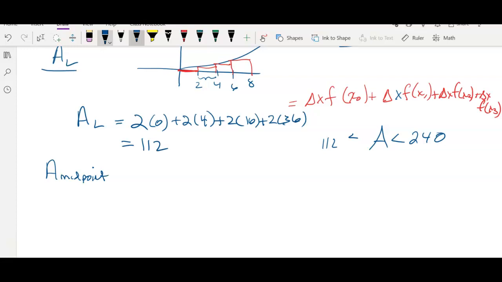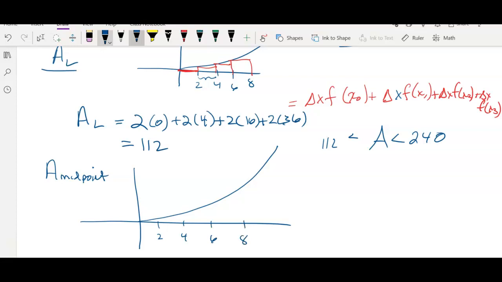So let's draw the graph again and see what we mean by that. Okay, I'm just going to do 2, 4, 6, 8. So the best thing to do is kind of just pick one rectangle to start with. I'm going to start with the last one because there's more room to see it.